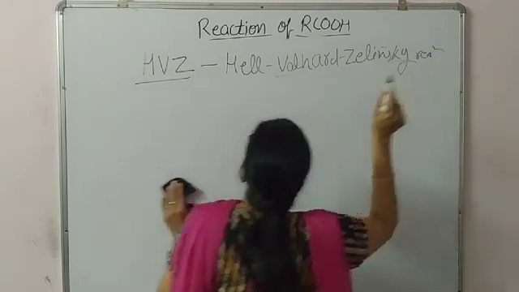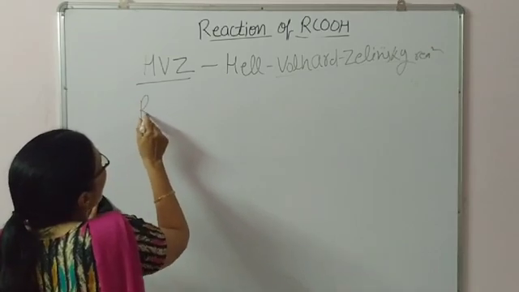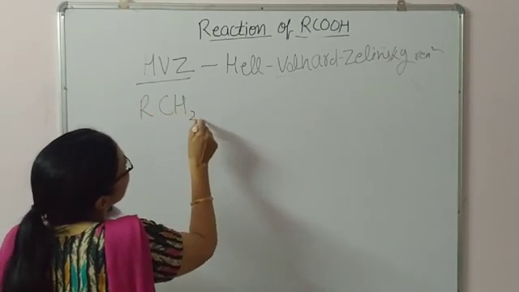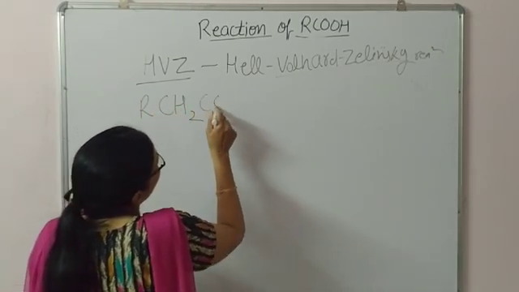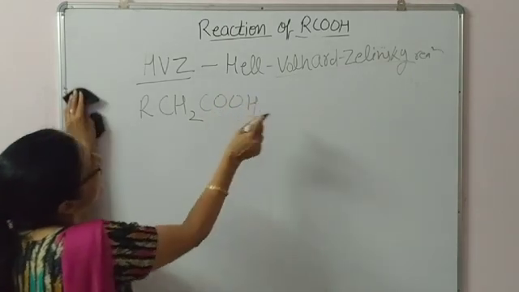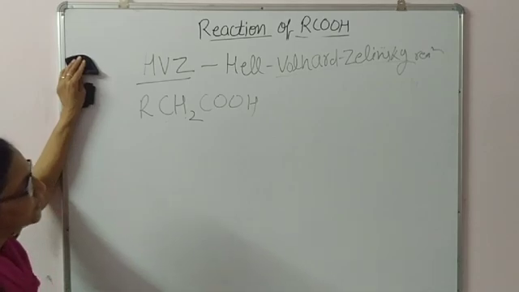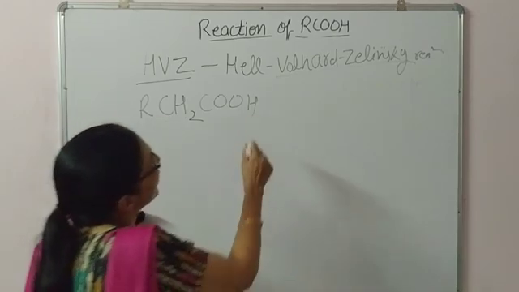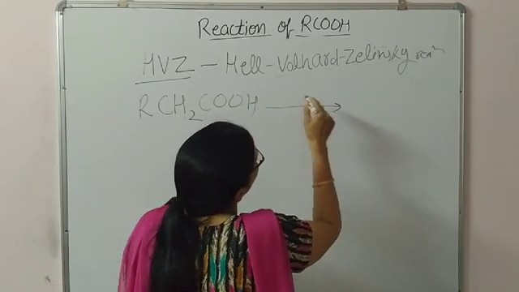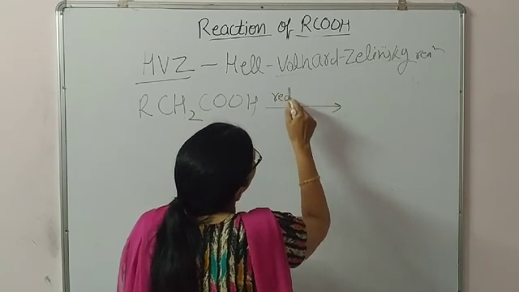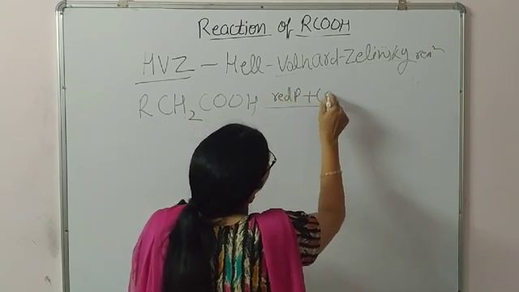In this reaction, the alpha hydrogen is halogenated. Alpha hydrogen means any hydrogen on the carbon near COOH. It will be substituted by means of red phosphorus and halogen.